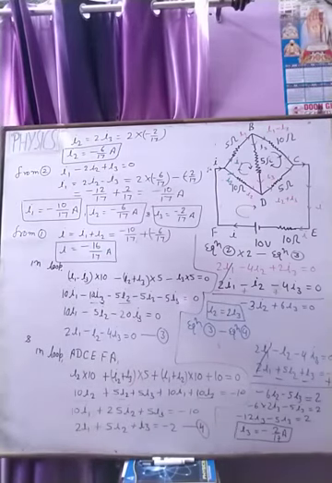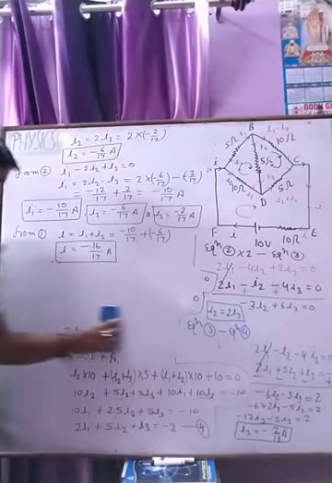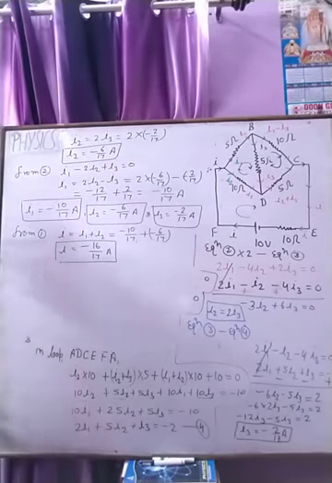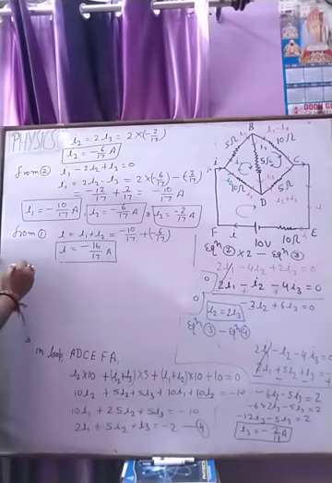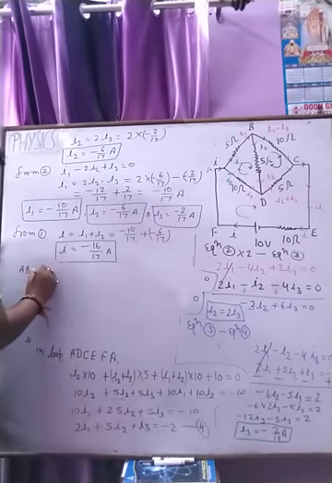Therefore the last point is the current in each branch. Current in branch AB is I1, which is minus 10 by 17.